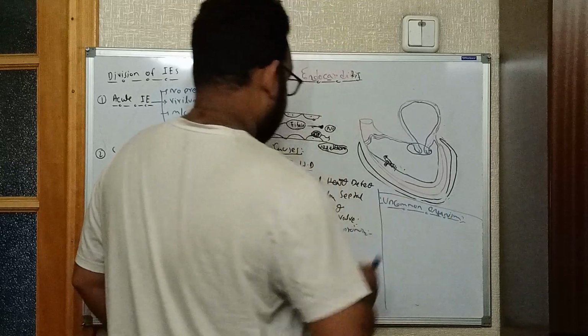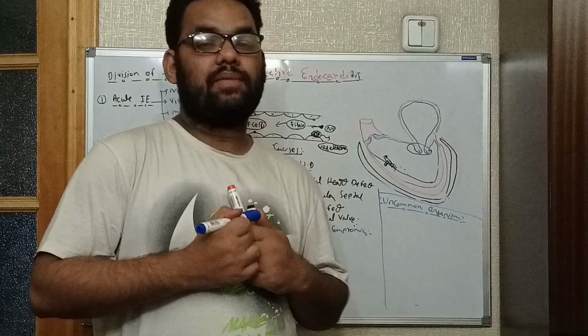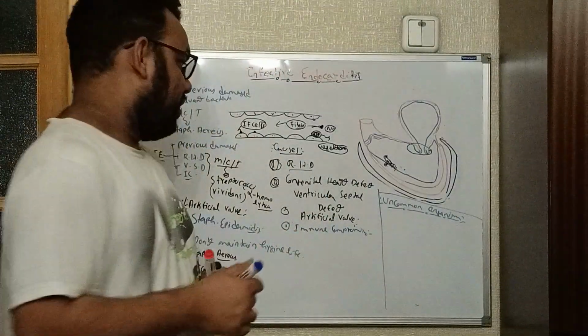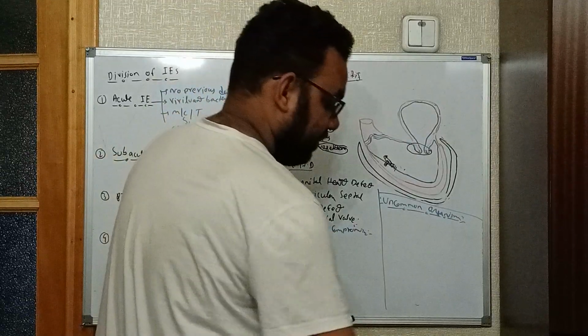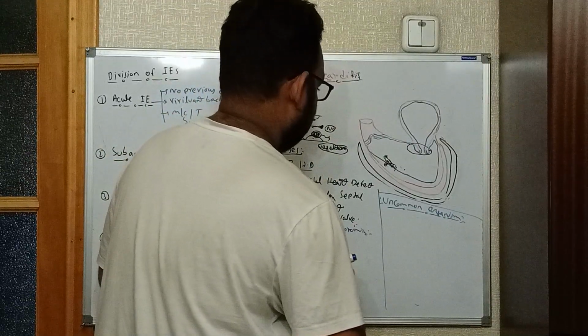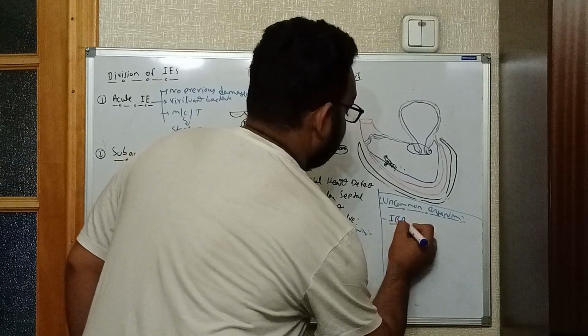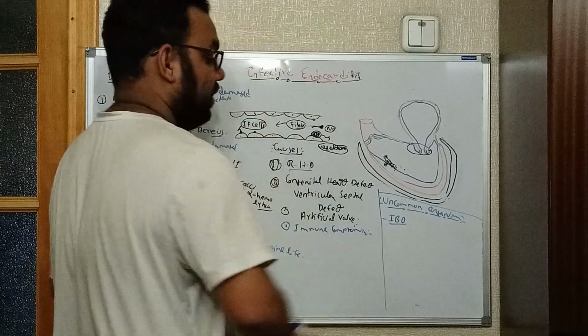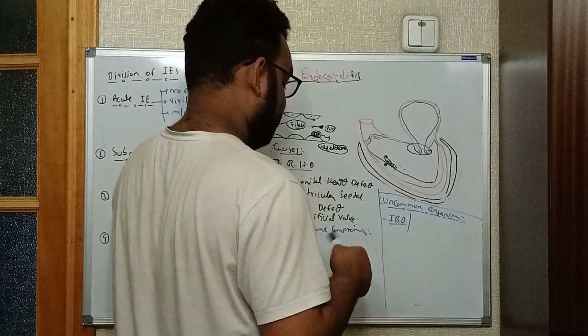Let's suppose a person has come to the OPD and you understood the person is suffering from IBD, inflammatory bowel disease. So, for example, the person has inflammatory bowel disease. Let me write it over here: IBD, that means inflammatory bowel disease. Why the IBD? Because he had ulcerative colitis before.